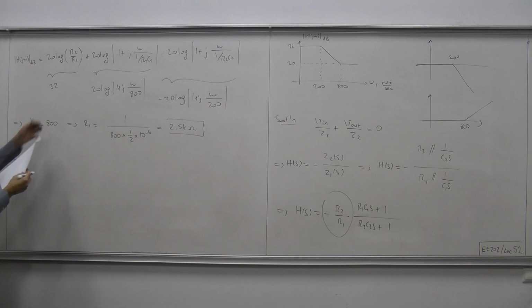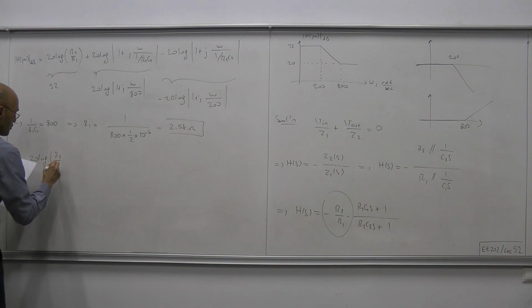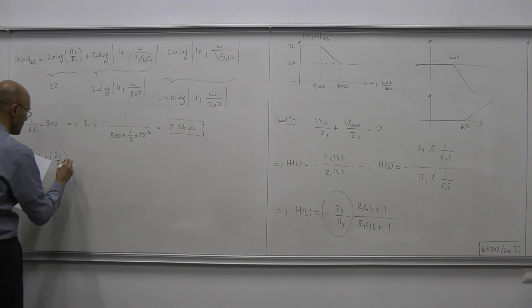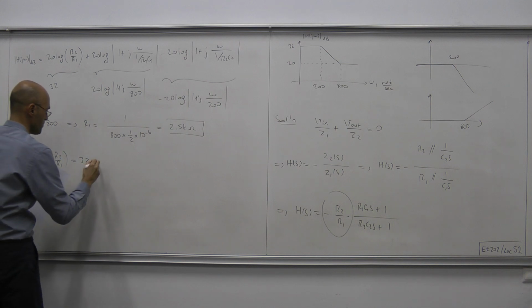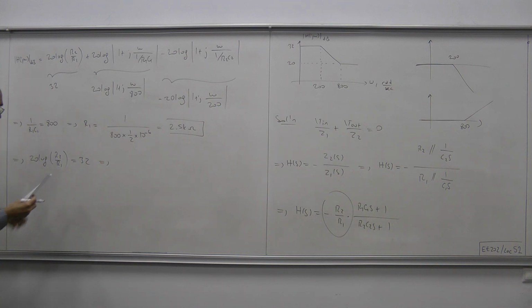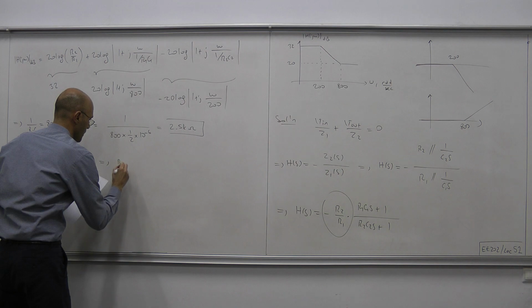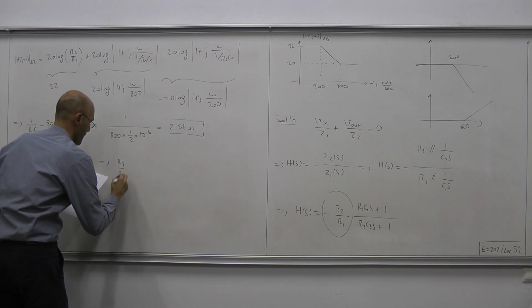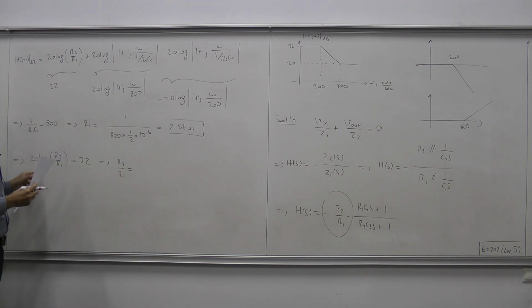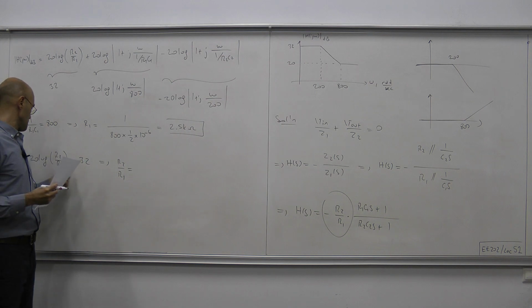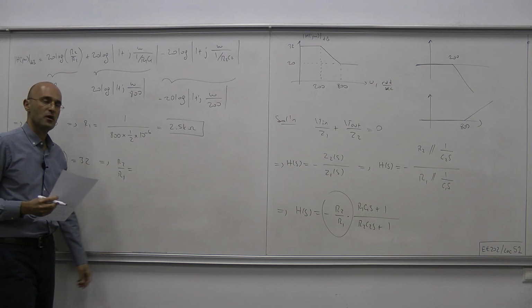Then we move on to figure out R2. 20 log R2 over R1 equals 32. That means log R2 over R1 equals 32 over 20, which is 1.6.